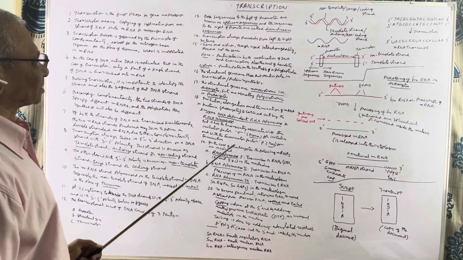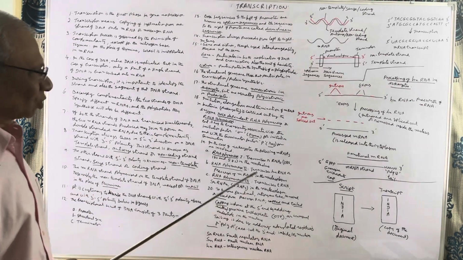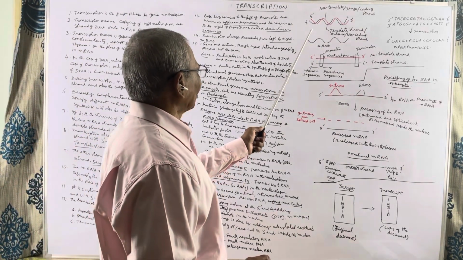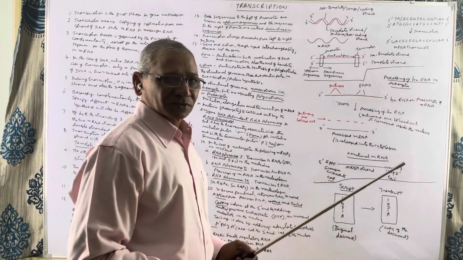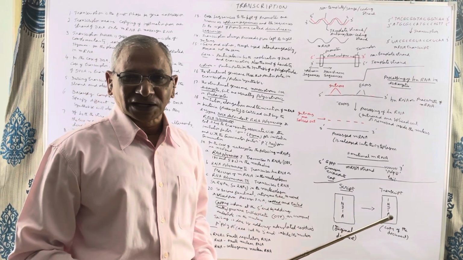Then, how is this information copied from DNA to mRNA? You know that DNA is a double helical structure having two strands running anti-parallel to each other.